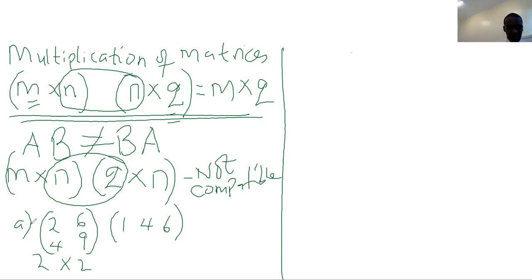So this is 1 by 3. Are they compatible? Check here. You don't have the same number. So the answer is simply no. They are not compatible.